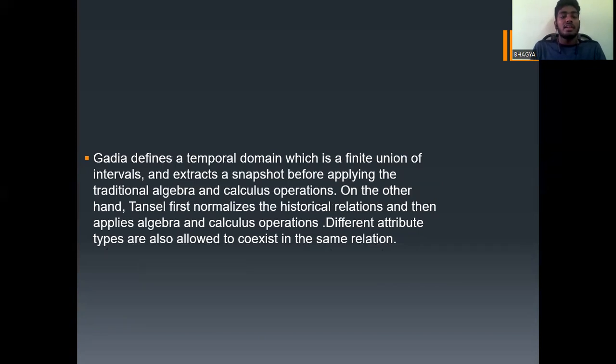Gadia defines a temporal domain, which is a finite union of intervals, and extracts a snapshot before applying the relational algebra and calculus operations. On the other hand, Tansel first normalizes the historical relation and then applies algebra and calculus operations. Different attribute types are also allowed to coexist in the same relation.